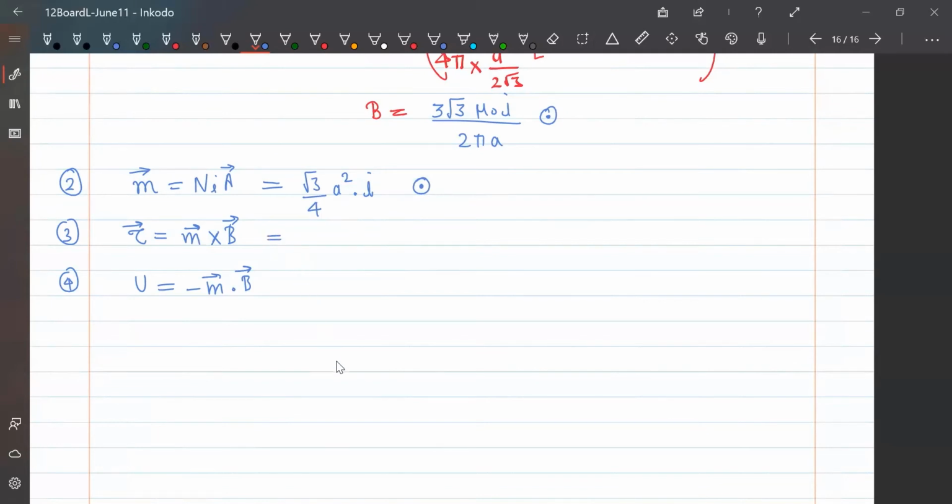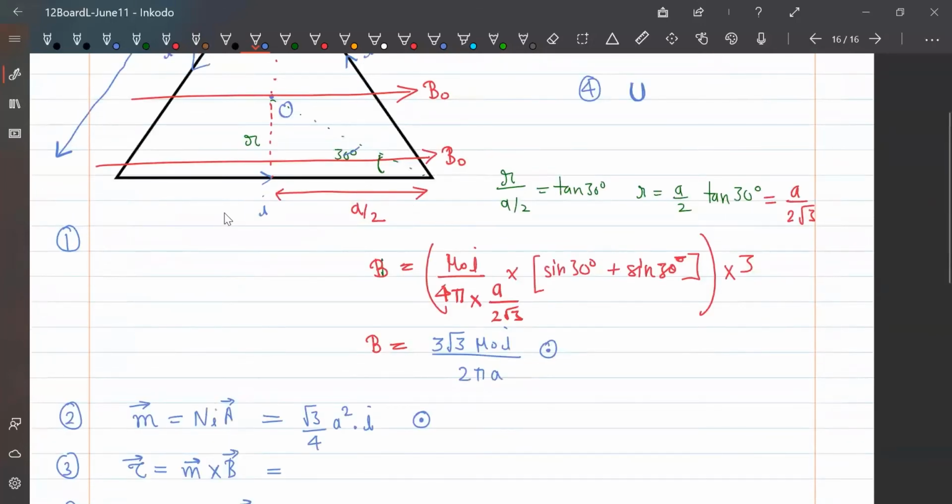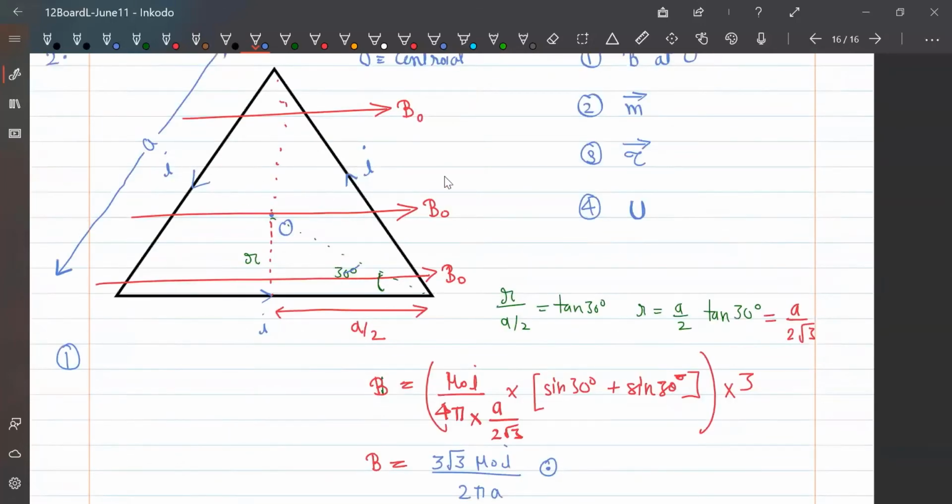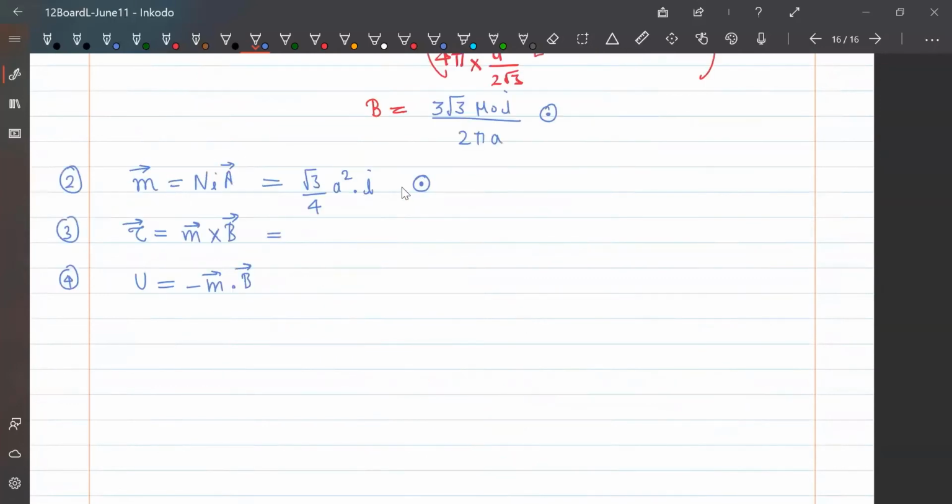Then tell me the value of torque. You already have the magnetic moment. You know the magnetic field is along the x-axis, that is perpendicular to your magnetic moment, which is in the outward direction.